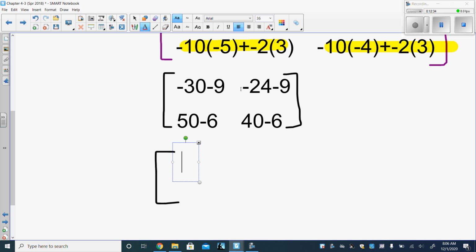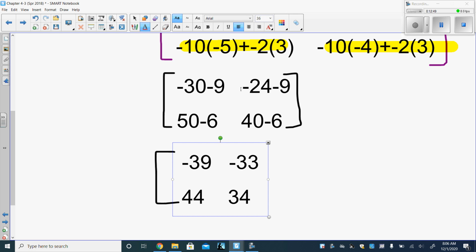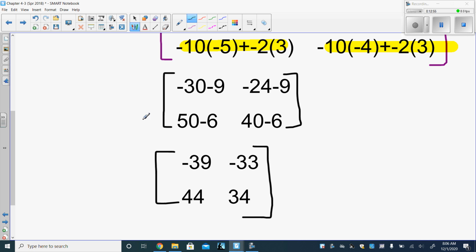So we do that: negative 30 minus 9 would be negative 39. Negative 24 minus 9 would be negative 33. 50 minus 6 would be 44. And lastly, 40 minus 6 would be 34. And that's all we have to do for this here. We're finished multiplying these together.